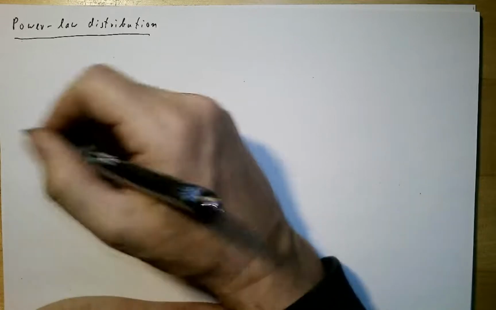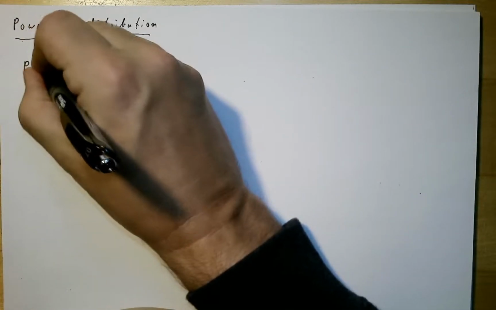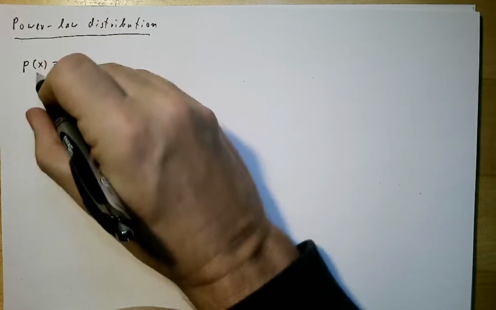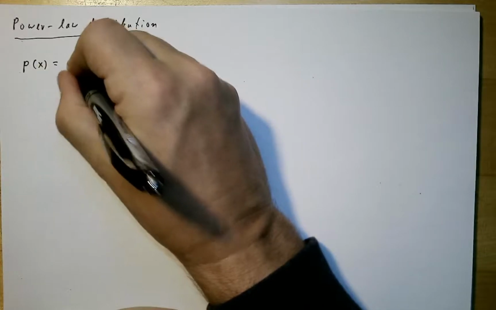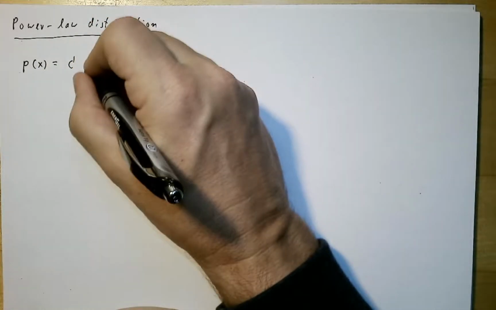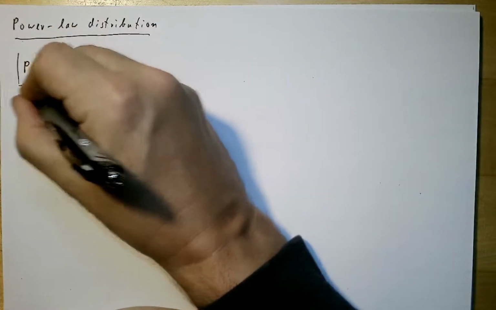Okay, let's write this down again. What is a power law distribution? We have seen this quite often, but let's write it again for completeness. We have a random variable x, and the PDF of the variable is a normalization constant times x to the minus alpha.